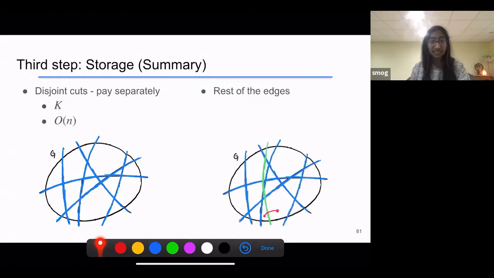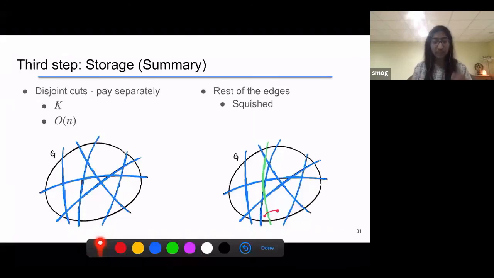In the second step, we said, okay, we need to pay for the rest of the edges. And these edges we're going to pay for in bulk. We did that through squish vertices, right? Those in-between vertices that we talked about before. And we said that the total number of edges coming out of these squish vertices cannot be too large, and that is also O of n. So in total, we had O of n edges.